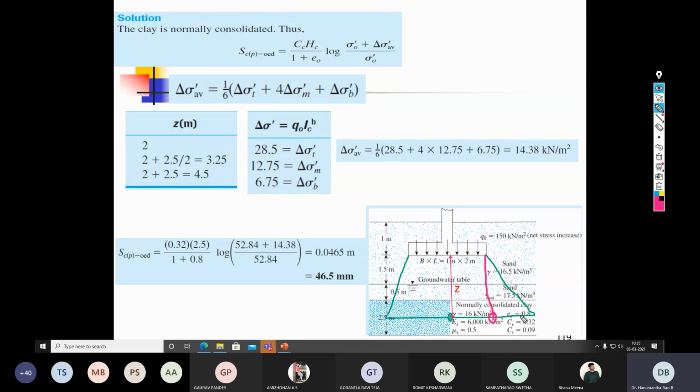Moreover, the stress is also further distributed even behind the footing, for example at this location. How to calculate the stress at this location, both in the vertical direction as well as in the lateral direction? There is a separate chapter to calculate the stress right beneath the footing, at the center, at the corner, and outside the footing.